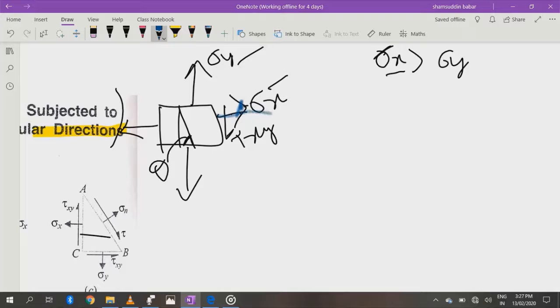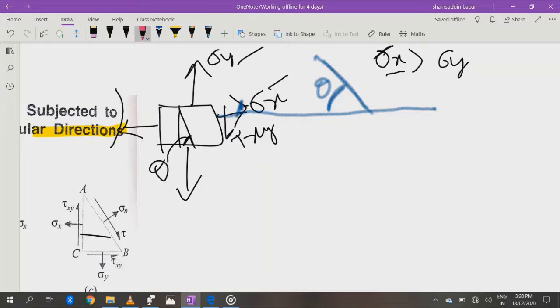So this is my stress. Okay, so my oblique section will be at an angle theta from this plane. Okay, this was major principal stress. And if it is said that the angle is from major principal plane, now my stress is this.